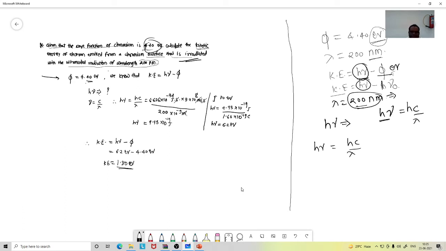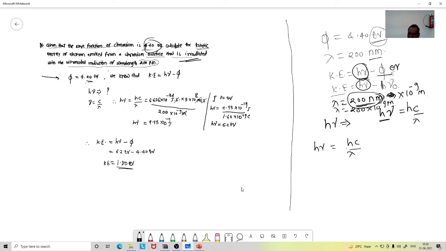In the previous problem, we divided by 10 raised to minus 10, because that value was in meter and we converted it into the Angstrom unit. But this is the nanometer value. One nanometer is equal to 10 raised to minus 9 meter. Therefore, to convert lambda into the SI unit we multiply by 10 raised to minus 9 meter, so lambda is equal to 200 into 10 raised to minus 9 meter, right?